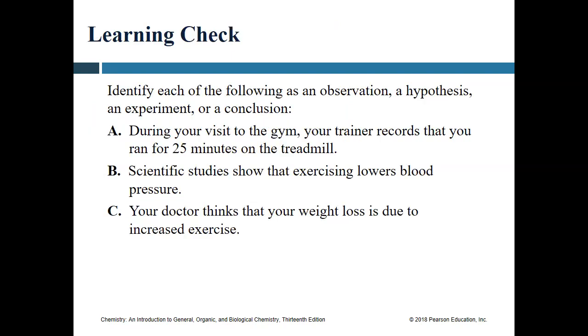All right, let's see if we got the idea of our scientific method pieces here. We've got three things here. We want to identify them as either an observation, a hypothesis, an experiment, or a conclusion.